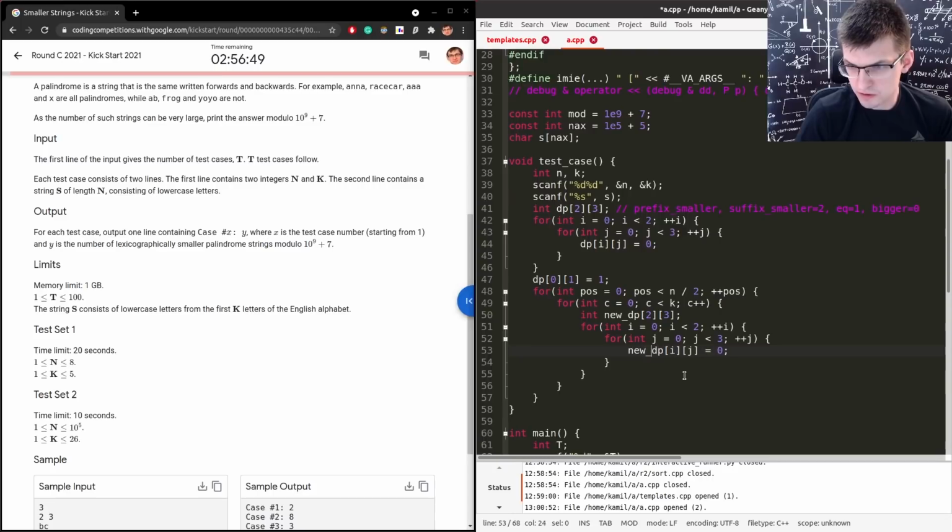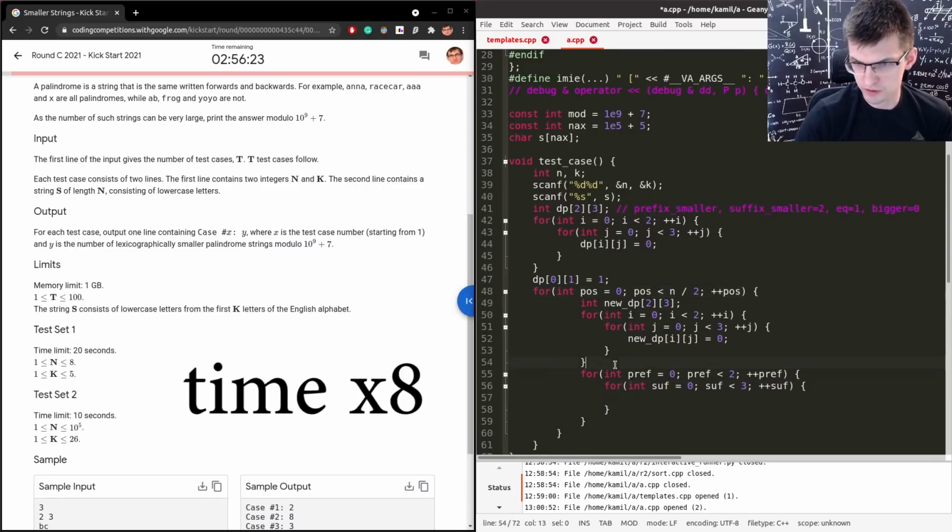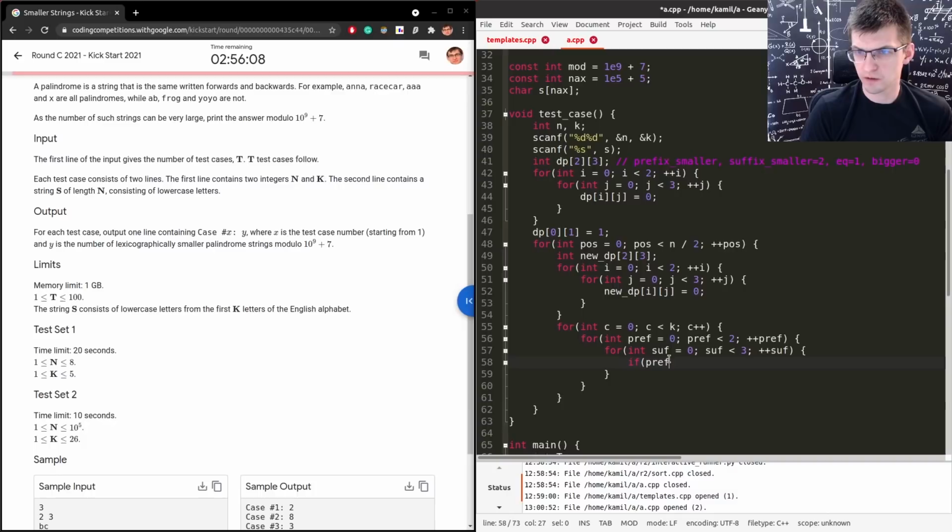Clear this, and then for prefix smaller, and for suffix, if the prefix was already smaller, then it will remain smaller.